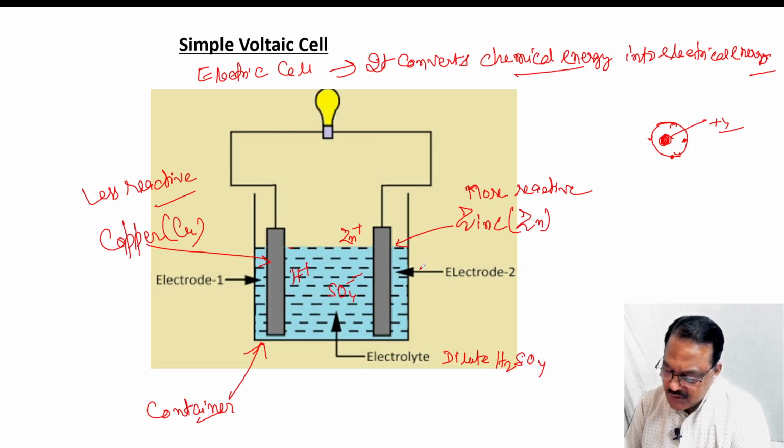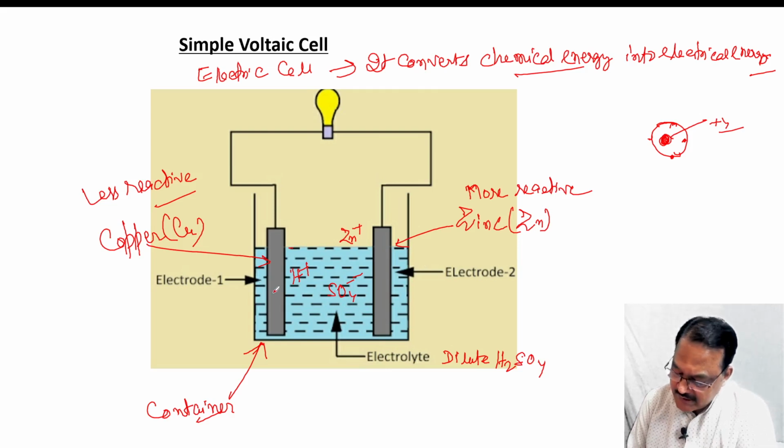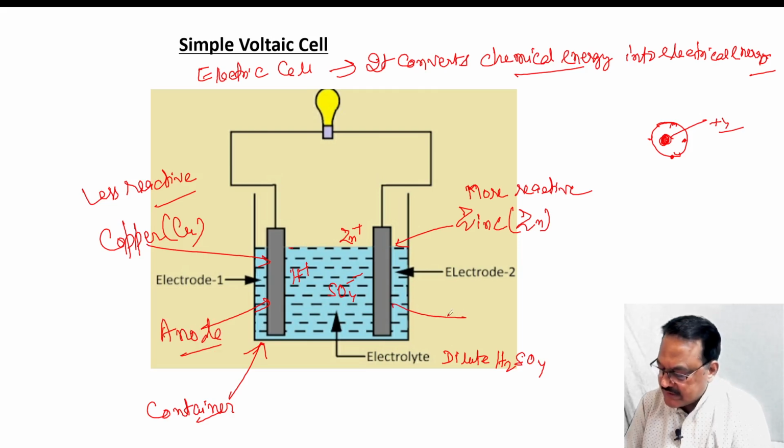So the copper plate becomes positively charged, and this zinc plate becomes negatively charged. That's why this plate is called anode, and this is called cathode.